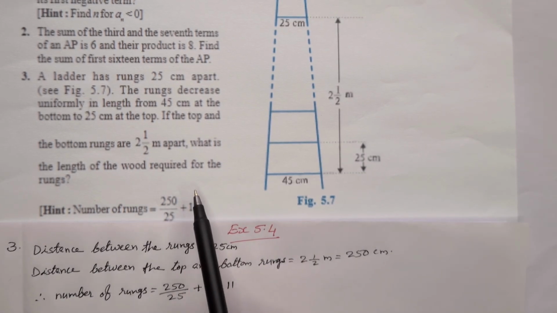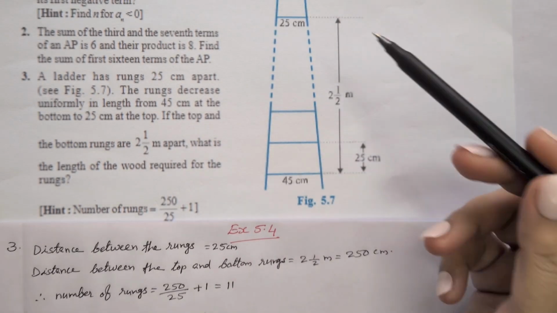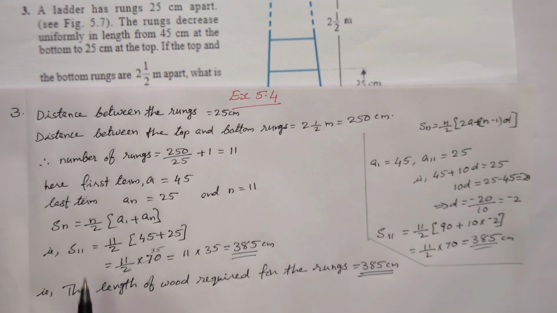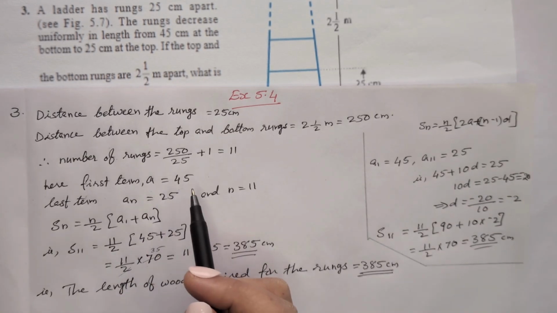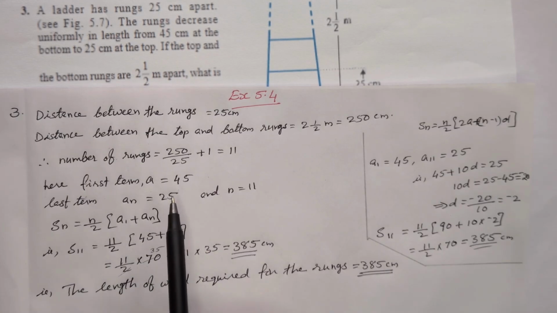Now what is the length of the wood required? Here we can see this forms an AP, in decreasing order. So we can find how much wood is required for the 11 rungs by using the formula. Here we can do this in both methods, that means using 2 formulas.